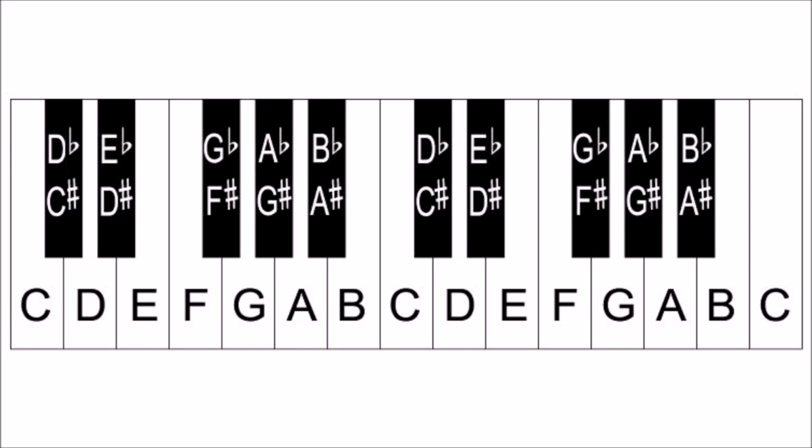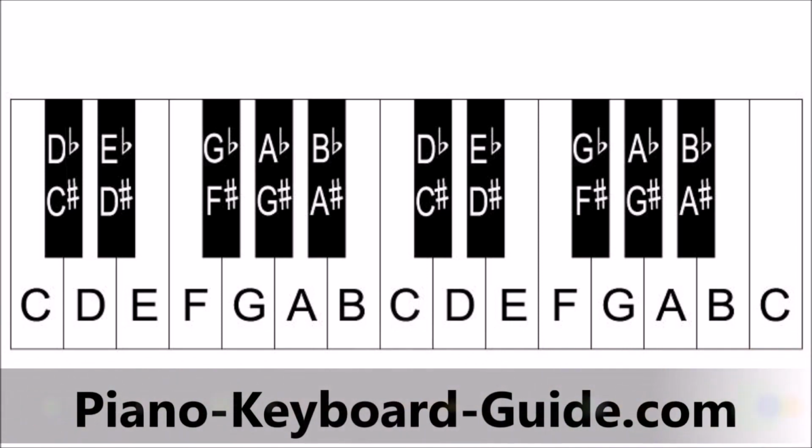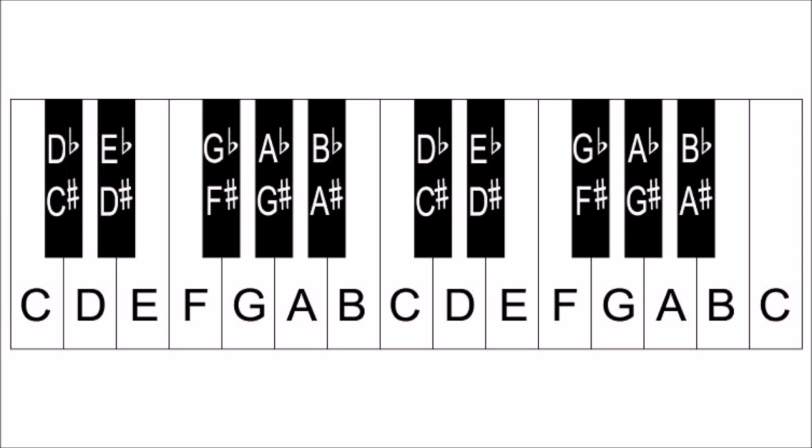For example, C sharp means to play the key to the immediate right of C, while D flat means to play the key to the left of D. A sharp means to play the key to the right of A, while B flat means to play the key to the left of B.